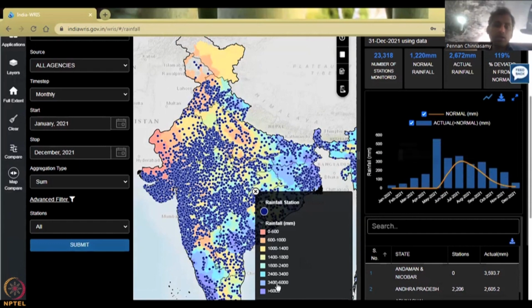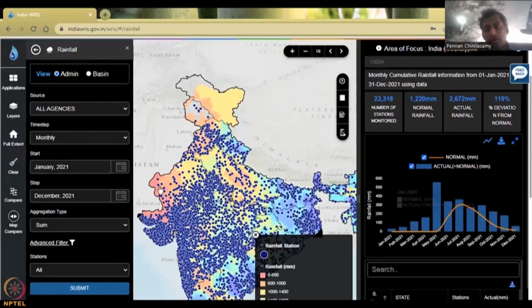You could see across India, how many stations are there? So there's 23,000 plus stations recording data throughout India. There's not many here in the Kashmir part, but then there is a total taken per year for that data range, and then you average it and then take the long-term average.